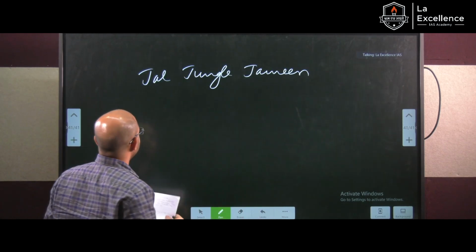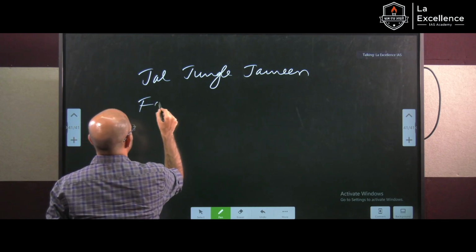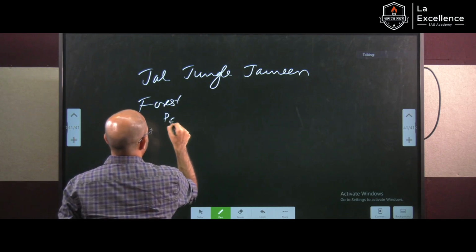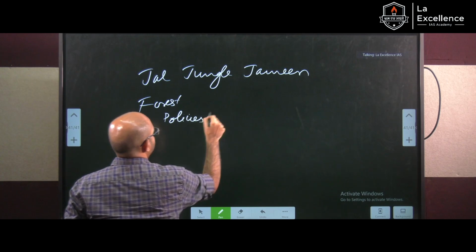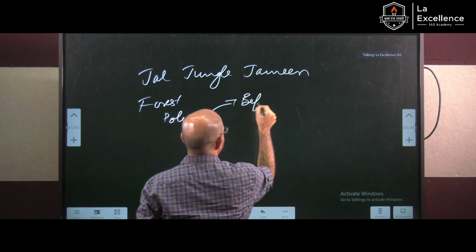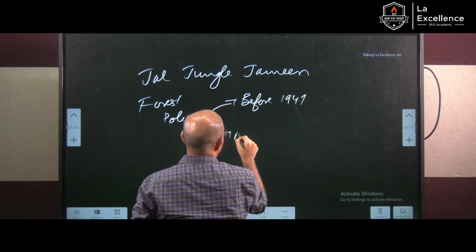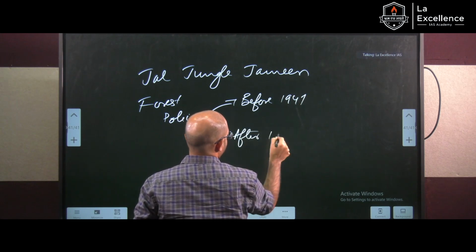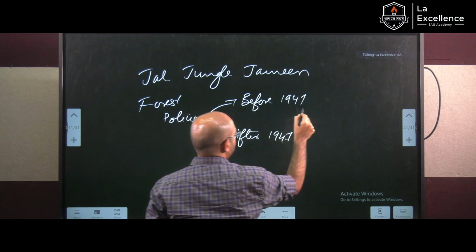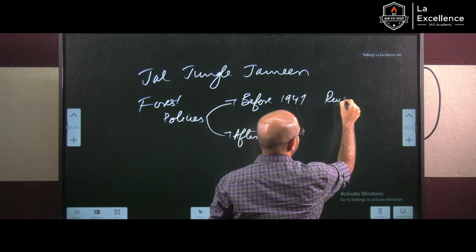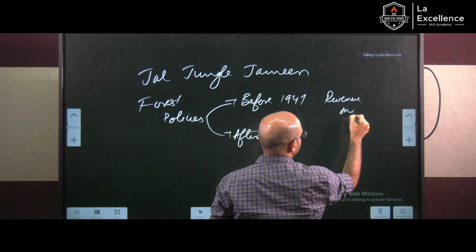So this is enough, and briefly trace the history of forest policies. And then say before independence, after independence, how things changed. Before independence, forest was approached more with a revenue maximization mindset.